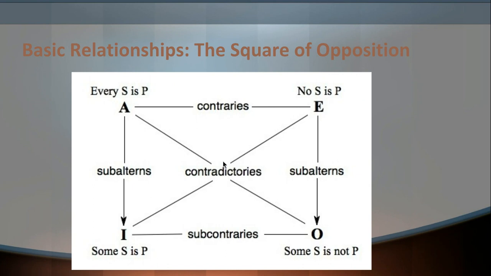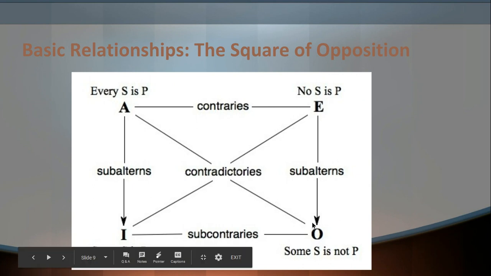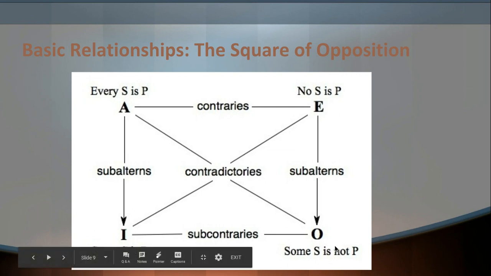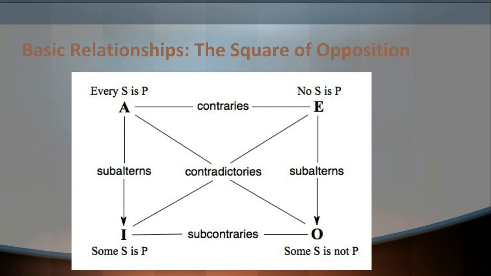So A statements and O statements are contradictories according to this map. And it seems pretty obvious why. If we say that every dog is a mammal, or all dogs are mammals, well, it seems impossible for it to be true that some dogs are not mammals.